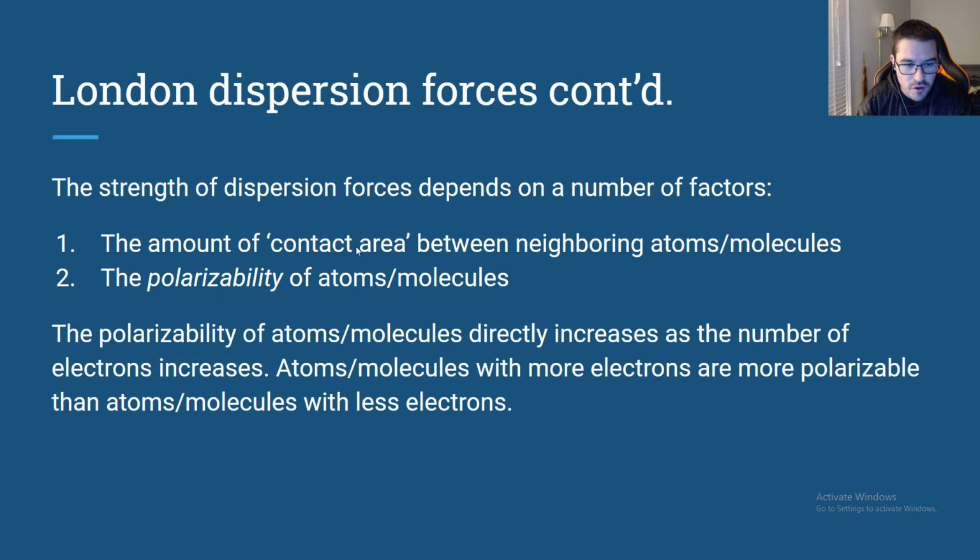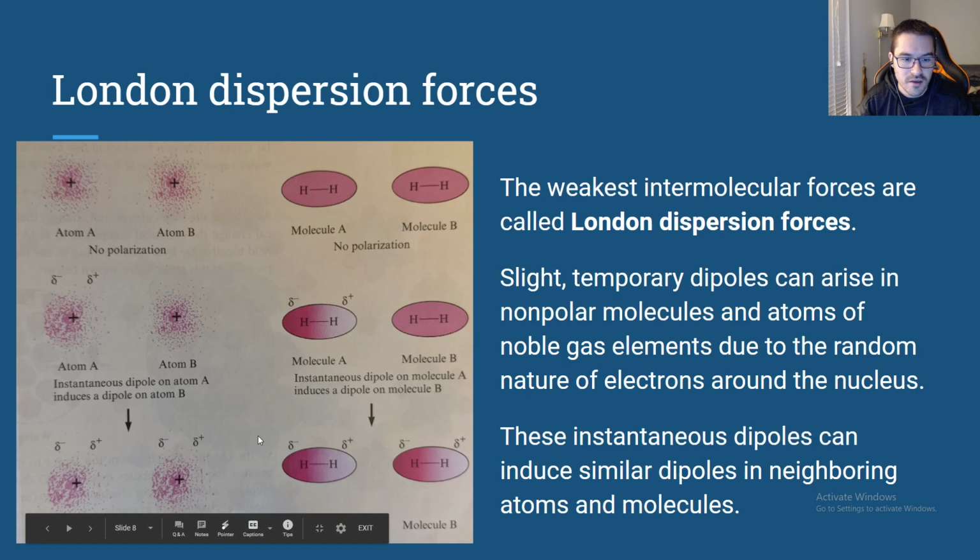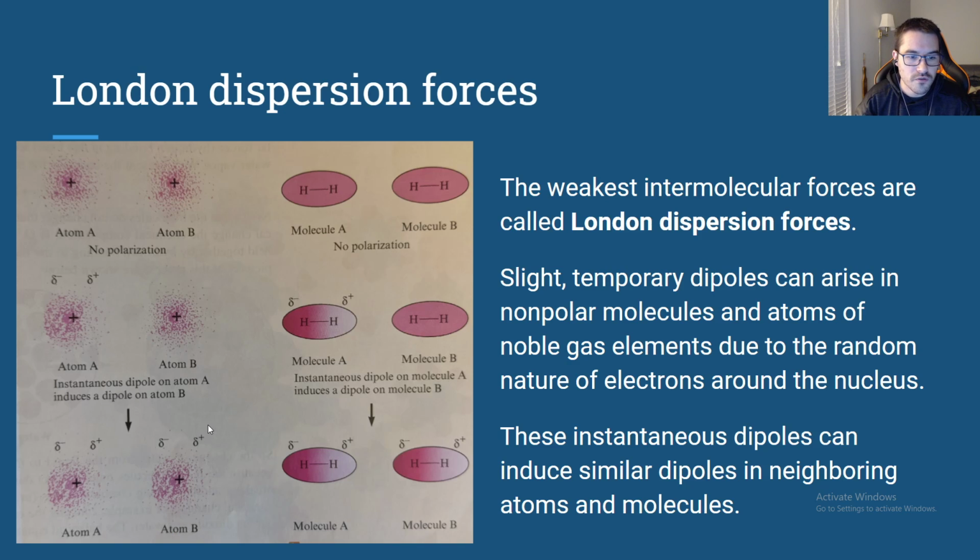The big thing, though, okay, is number 2, the polarizability of atoms and molecules. Basically, what this means is if you have atoms or molecules that have a lot of electrons, then that atom or molecule is more polarizable, okay, it's more susceptible to this process than a smaller atom that has fewer electrons, okay?